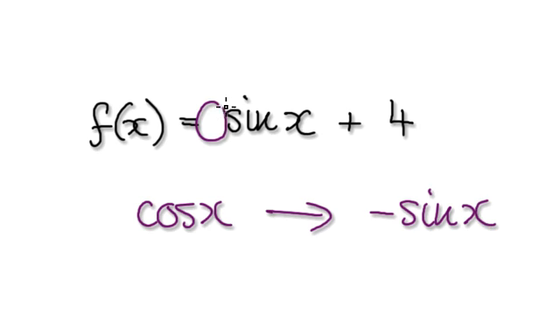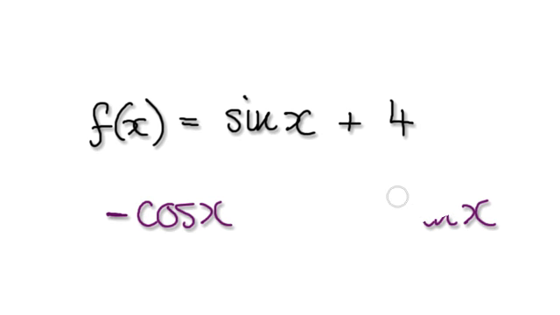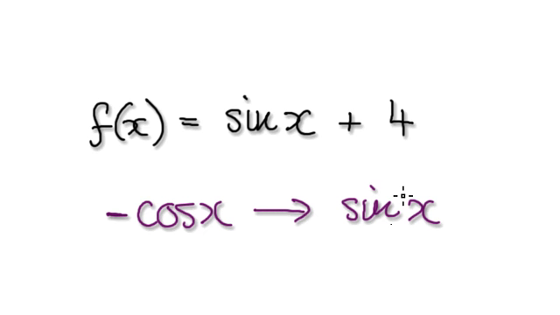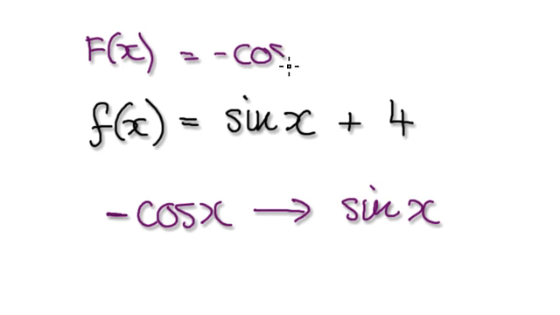But you don't want a minus in front. So adjust it. Let's guess minus cos of x. When you differentiate minus cos of x, it will give you positive sine of x. So in this case, in order to create this, we're going to guess minus cos of x.